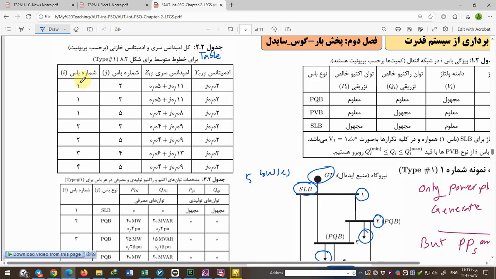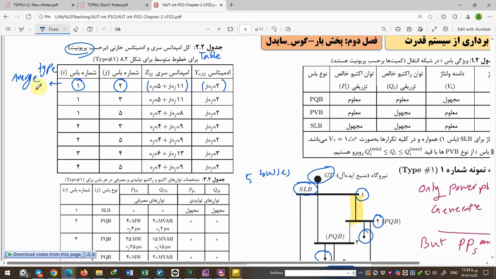For example, from bus number 1 to bus number 2, we have a transmission line and its series impedance is like this, in per unit, and its admittance is J 0.02, and it seems that this transmission line is an average type.